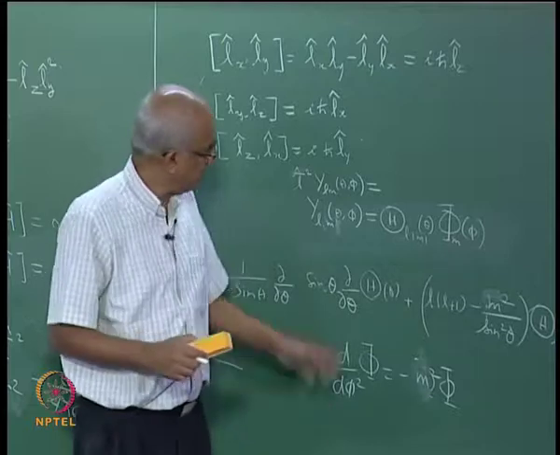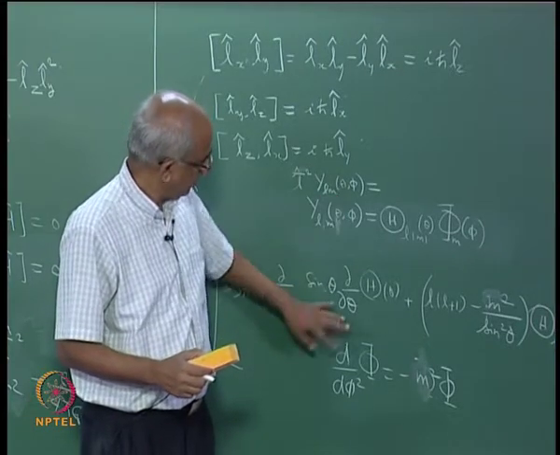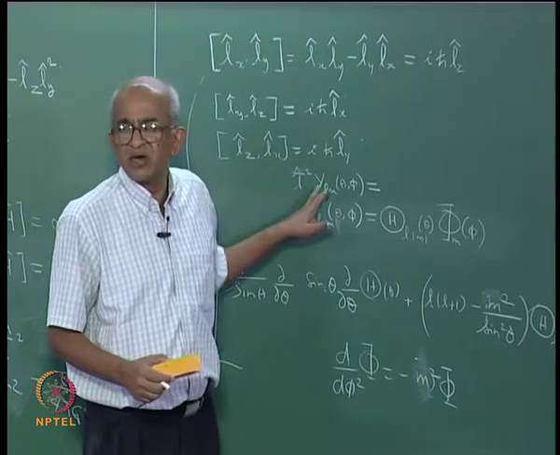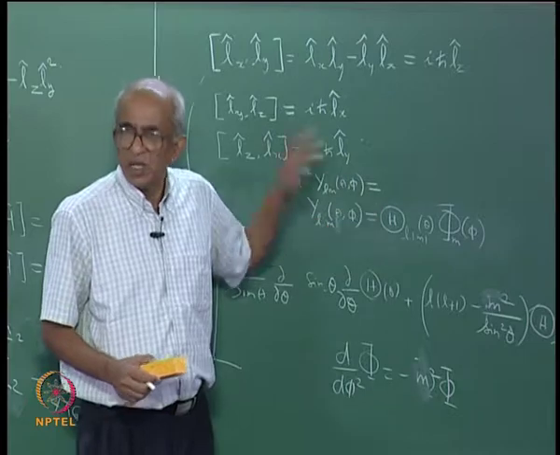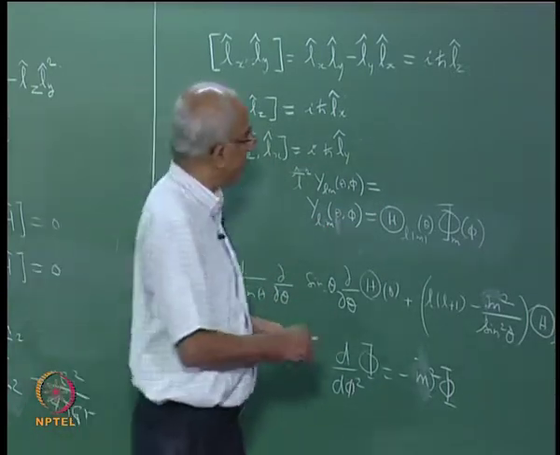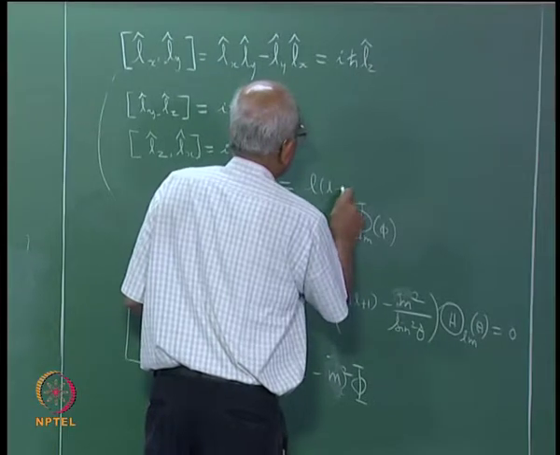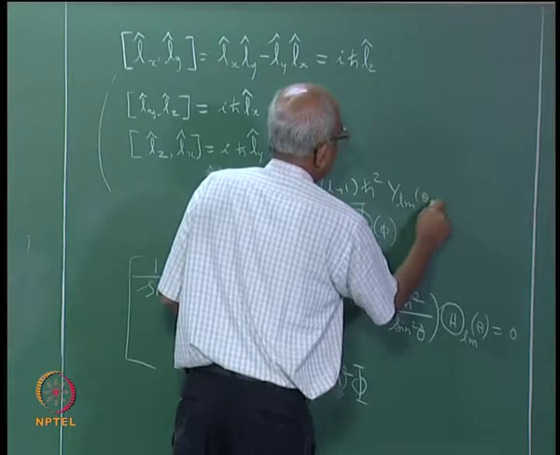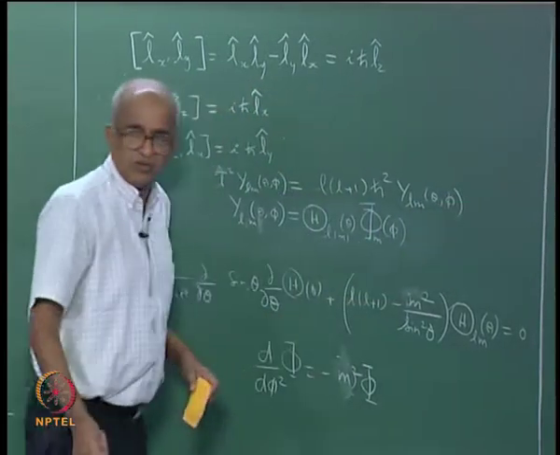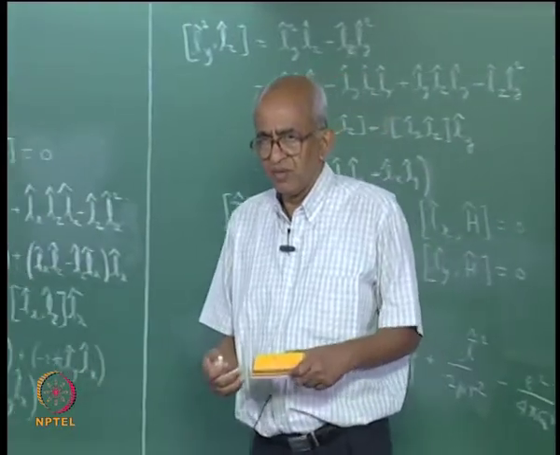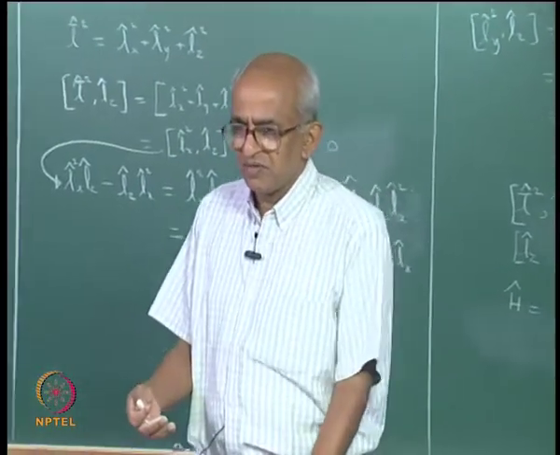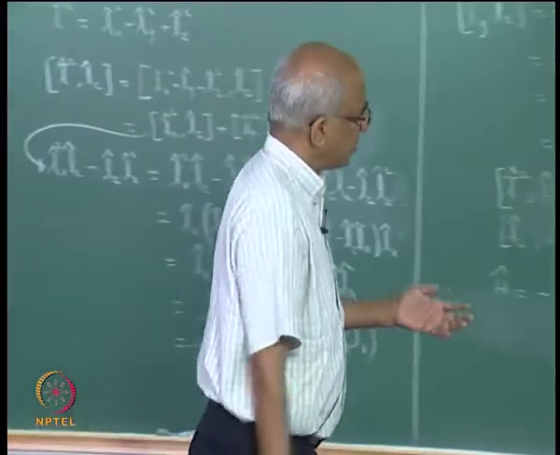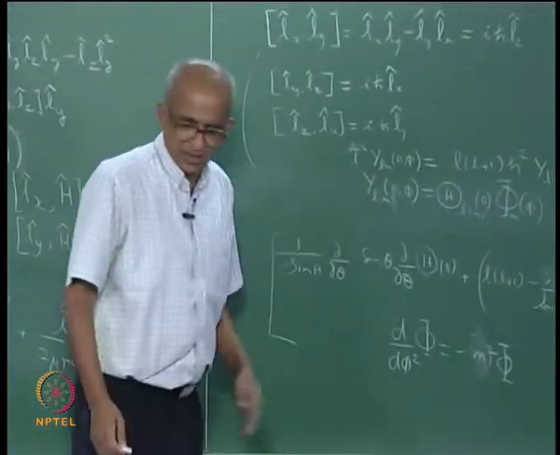So, therefore, these two equations together can be used to find the result of L square operating upon YLM, and you will be able to show that that is nothing but L into L plus 1 h cross square YLM. Not a difficult result to derive, and therefore, I am not going to derive this, but this is very easy actually. All that you need to do is just use these two equations, you are going to get that.